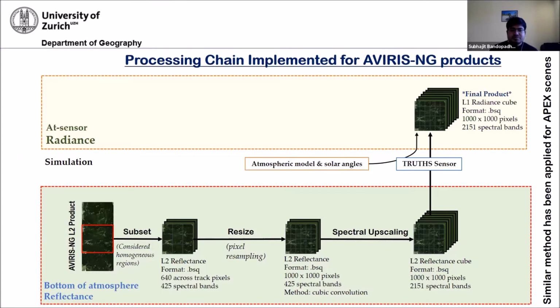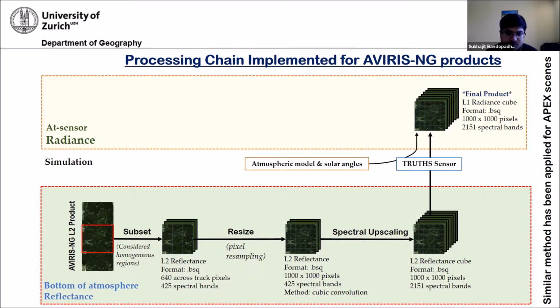Here is the full processing chain of the AVIRIS NG data product to obtain the final reference scenes for the TRUTHS mission. At first, you can see the bottom of atmosphere reflectance; we receive the very first level of reflectance datasets, the level L2 products. Then we subset it with 640 across-track pixels with 425 bands.